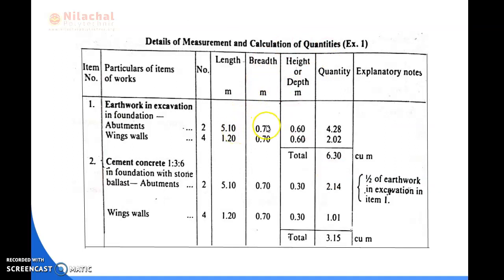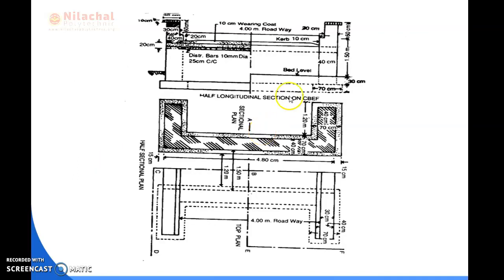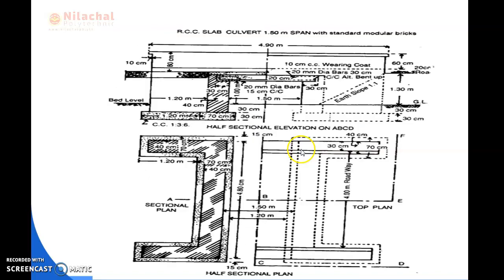Then going to the breadth part. The breadth is shown here. The abutment breadth is shown here also. The cement concrete to cement concrete distance is 70 centimeter. Why do I consider the cement concrete to cement concrete distance? Because after excavation, cement concrete is provided for the construction.